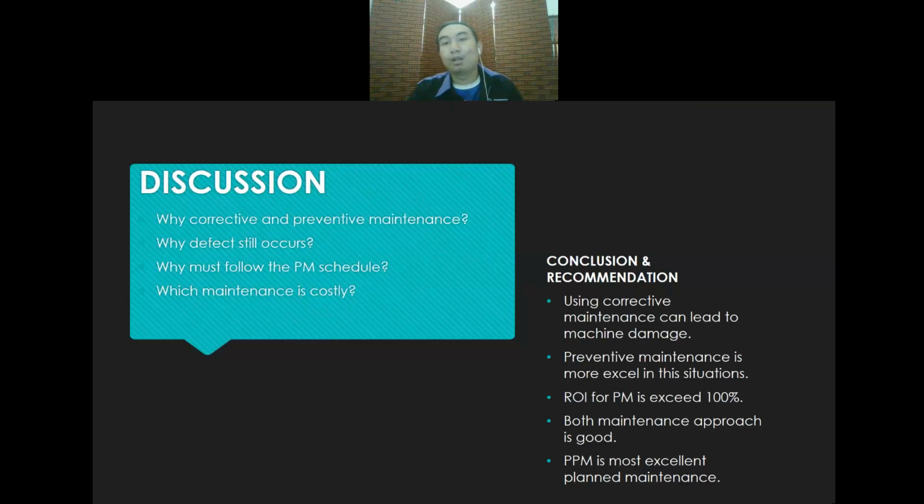Lastly, the conclusion and recommendation. First, using corrective maintenance can lead to machine damage. From this, it's not being said that corrective maintenance is bad or not good enough. It says that workers tend to think that corrective maintenance is only made to replace when there is a failure.